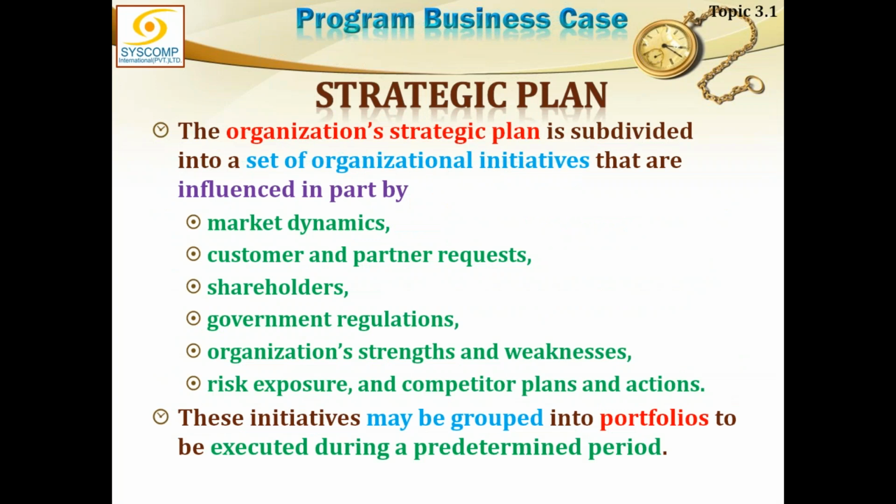Now let us talk about what is included in a strategic plan. Naturally, this is not a template, but still these are some of the headings a project manager should have, as if he can elaborate further on these. So it could be subdivided into a number of organizational initiatives that are influenced in part by market dynamics, customer and partner requests, shareholders, government regulations, organization strengths and weaknesses, risk exposure, and competitors' plans and actions.